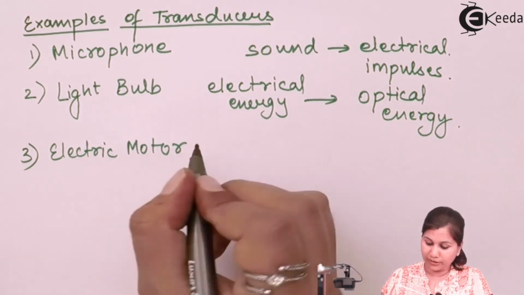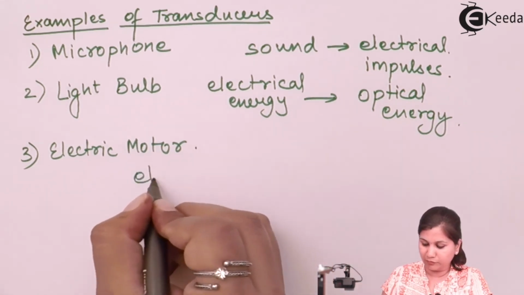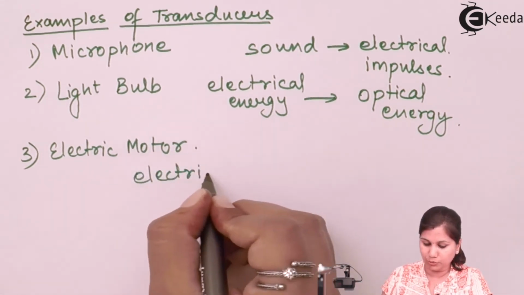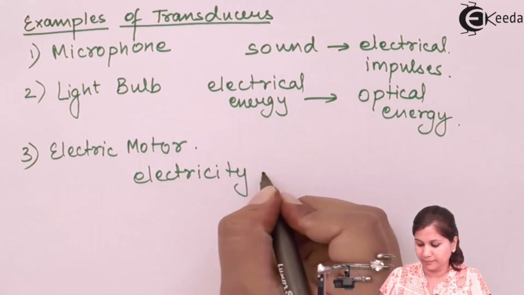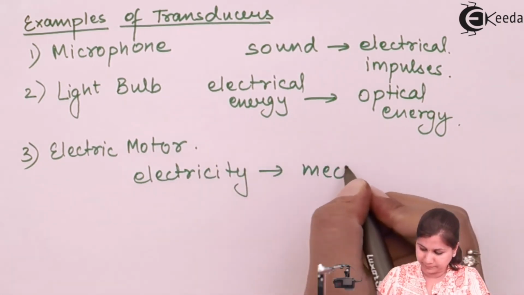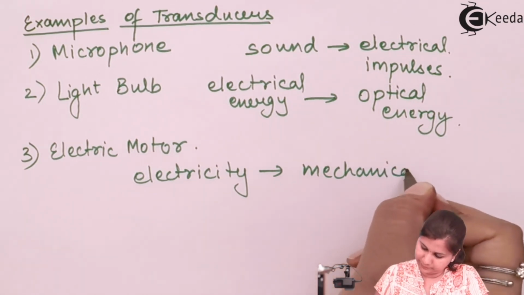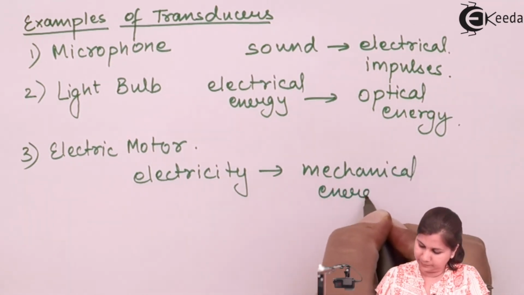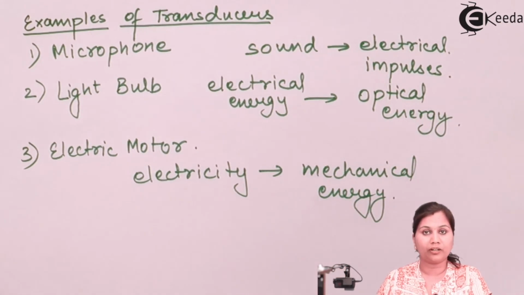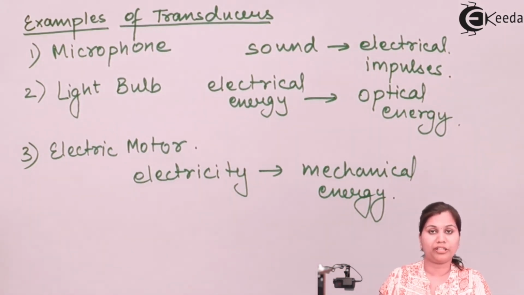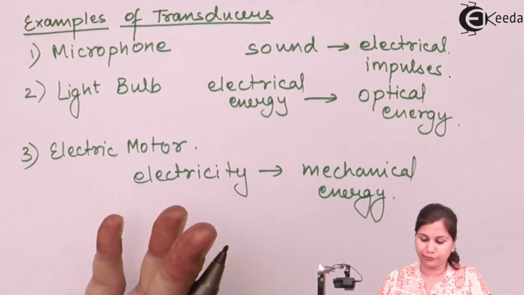The electric motor is also a transducer because it converts electricity into mechanical energy. So here also you can see that one form of energy is converted into another form.